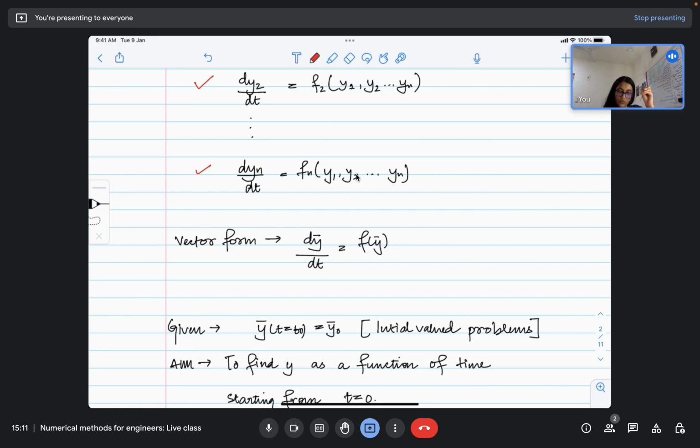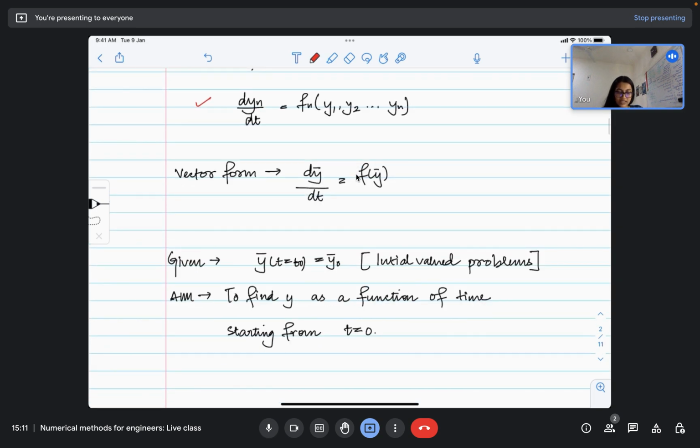So what we are basically given in this case is the values of y at the initial time point, or whichever is your independent variable. Here the independent variable is time. It can also be x, some sort of a distance or anything. So the value of y at t equal to t naught is known to us.